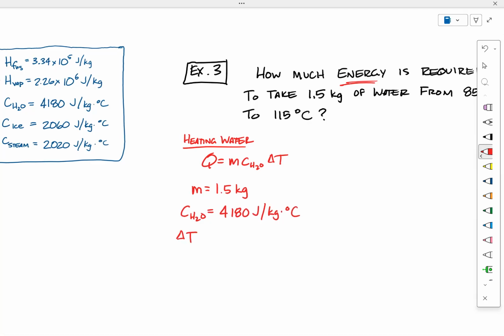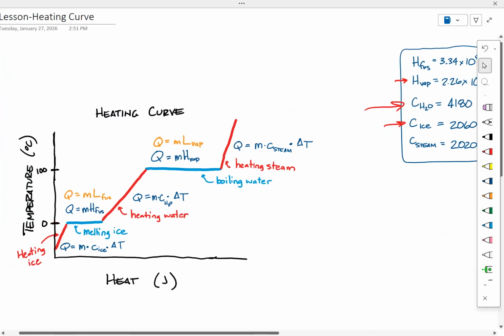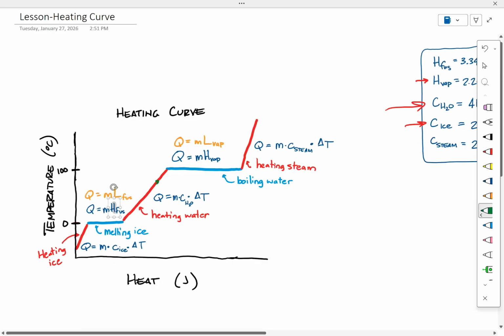Delta T is the change in temperature, where we take the final temperature and subtract the initial temperature. For this part of our process, we are here somewhere, like at 85 degrees. We need to get it up to here, which is 100 degrees.